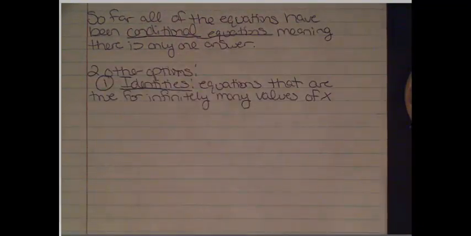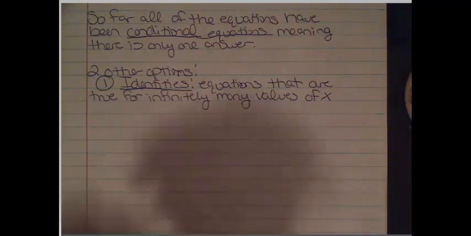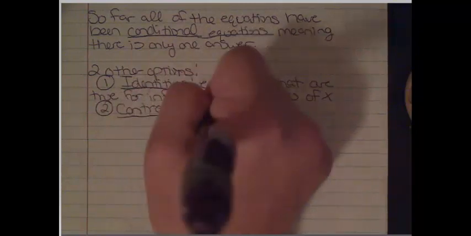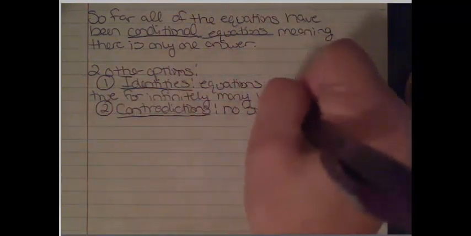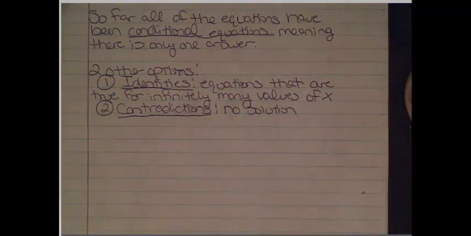The other type of equation are contradictions. And these have no solution. So if they're conditional, they have one solution. If they are identities, they have infinitely many solutions.